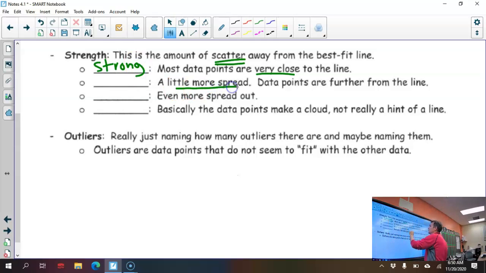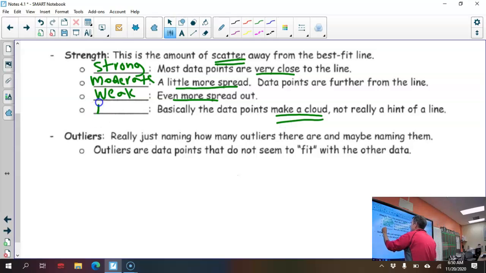If they're a little more spread, then we might say that's a moderate relationship. Even more spread out might be a weak relationship. Or basically the data points make a cloud. That would be no relationship.